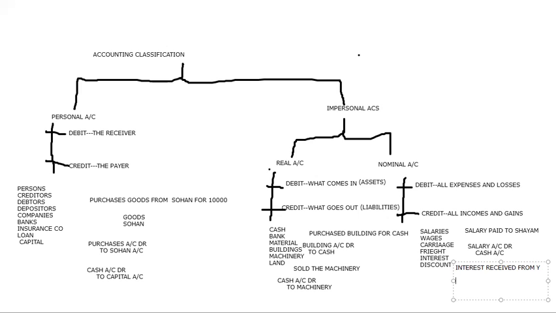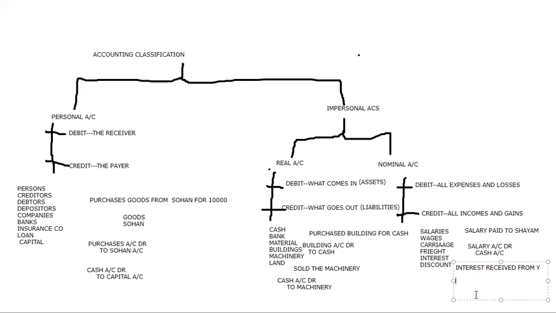So then what do I have to do? ఈ transactions లో, I'll pick only what is important. Interest received from Y. Y is not important. Interest is coming. That is important for me. Now, interest received means what? It is a kind of income for me. So income should be on the debit side or the credit side? I'll see the rule. Income should be on the credit side. So here the interest will be on the credit.